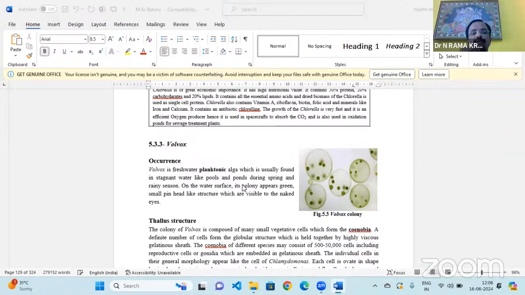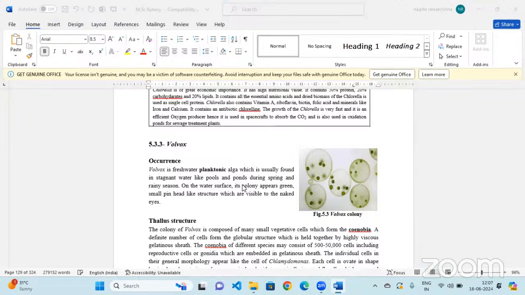Next, the cell structures. What type of cell structures do we see in chlorophytic algae? Yesterday we completed that algae cell structure is of two types: unicellular and multicellular.